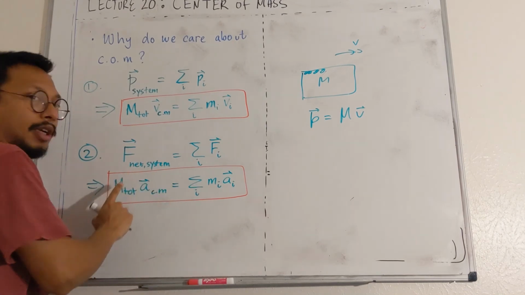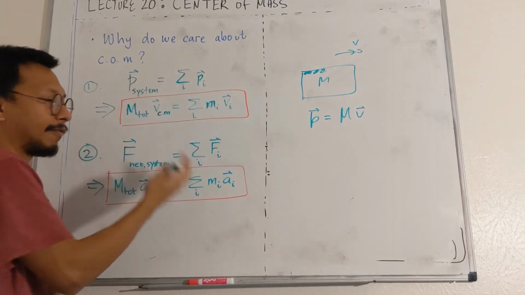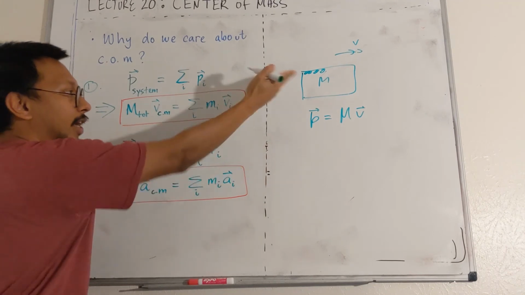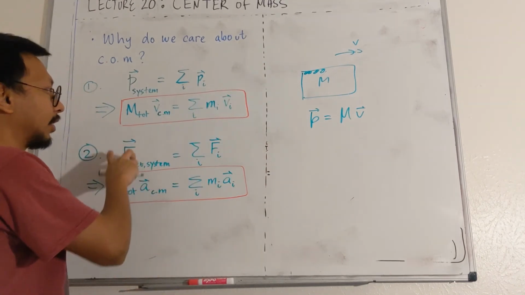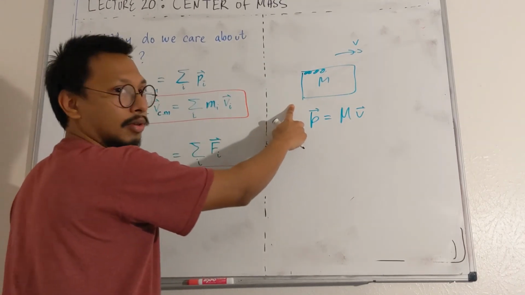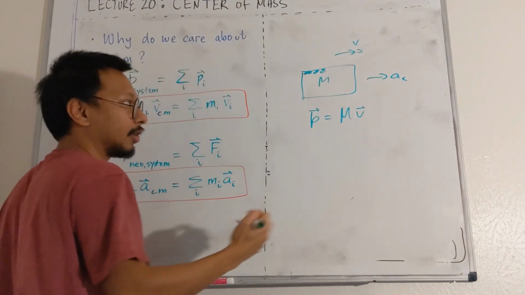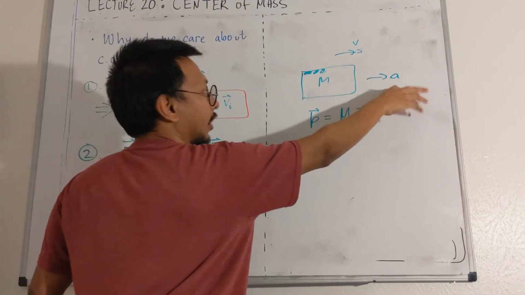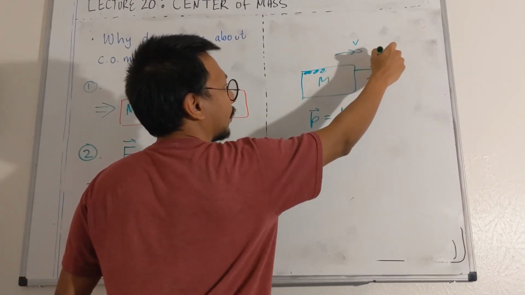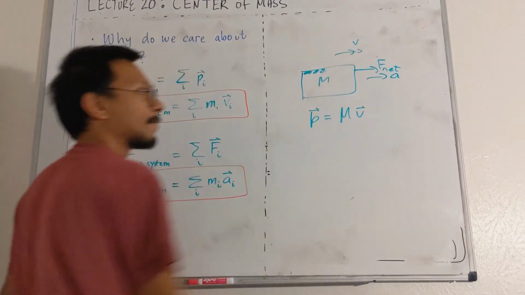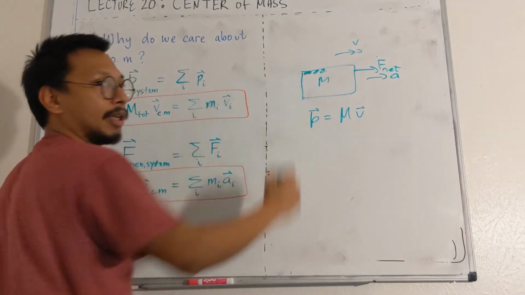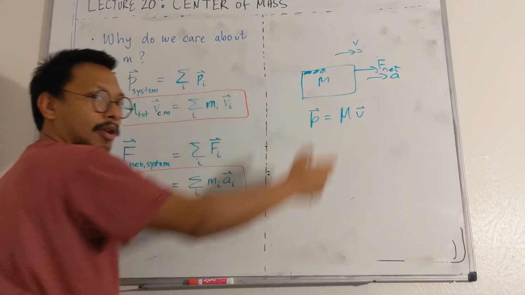Another reason would be to look at the net force on a system. So take that same box, for example. If it's accelerating in the rightward direction, we can say that there is a net force in the rightward direction as well, right? But again, there are millions and millions of particles that make up this box.